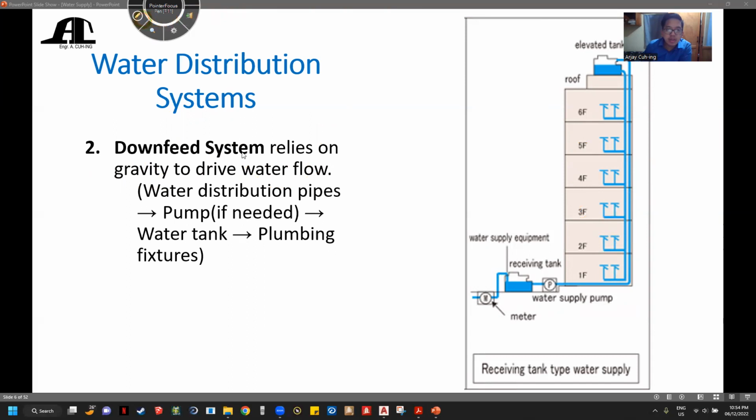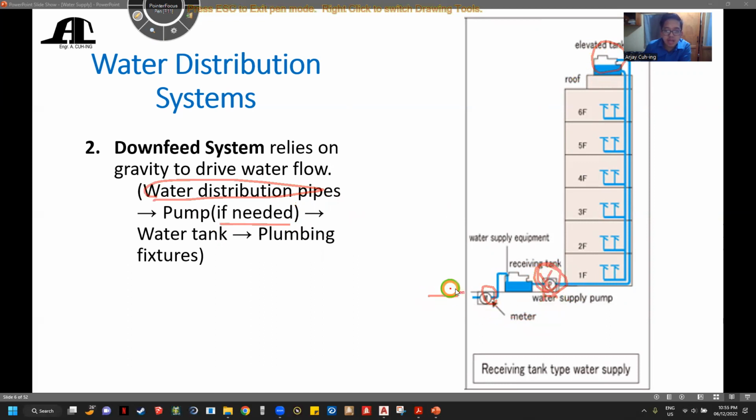The flow is from the water distribution, technically from the water meter. Then we may have a pump, depending on if needed. If the water district pressure can run directly to the tank, we no longer need a pump. We can eliminate it.